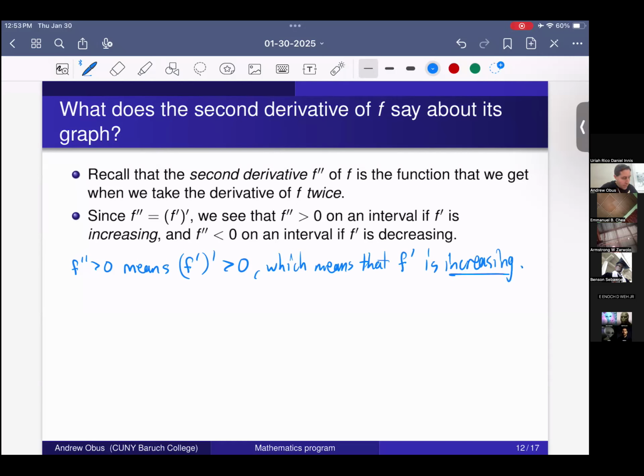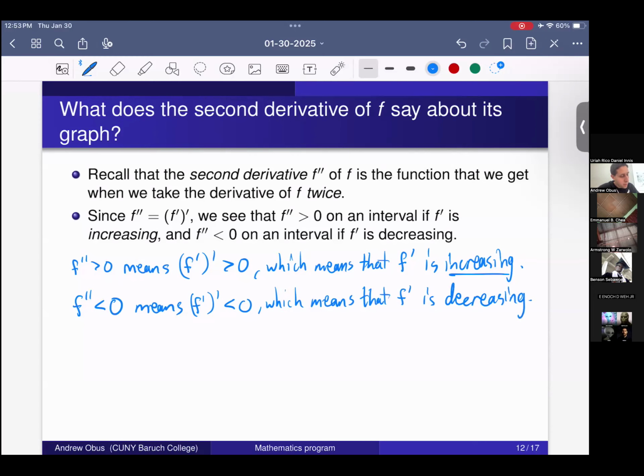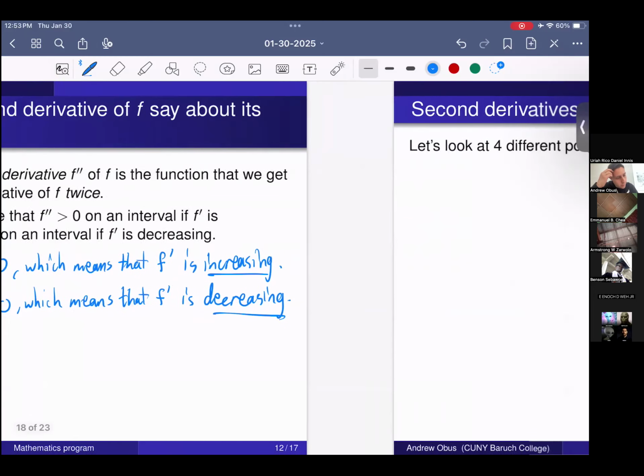And ditto, f double prime less than 0 means that f prime prime is less than 0, because they're the same thing, which means that f prime is decreasing.